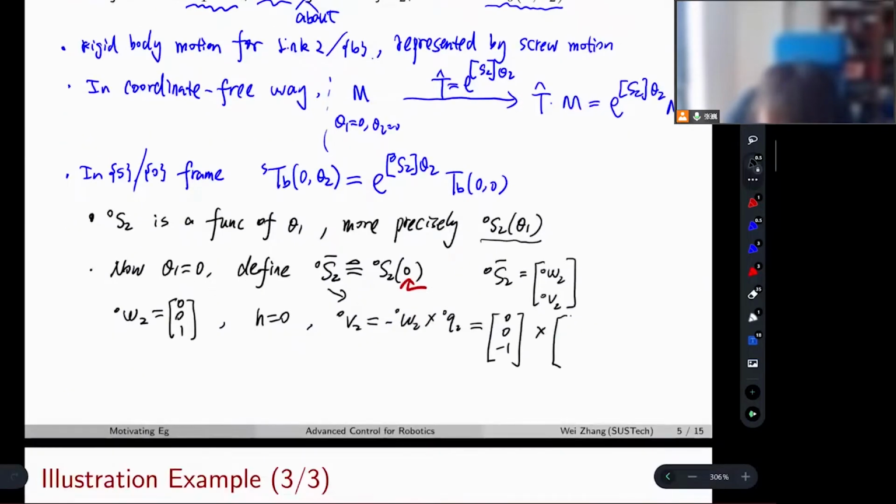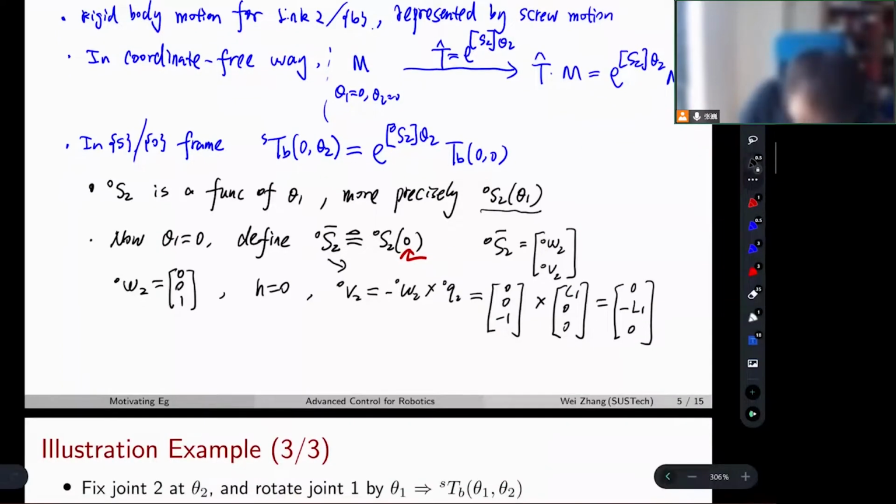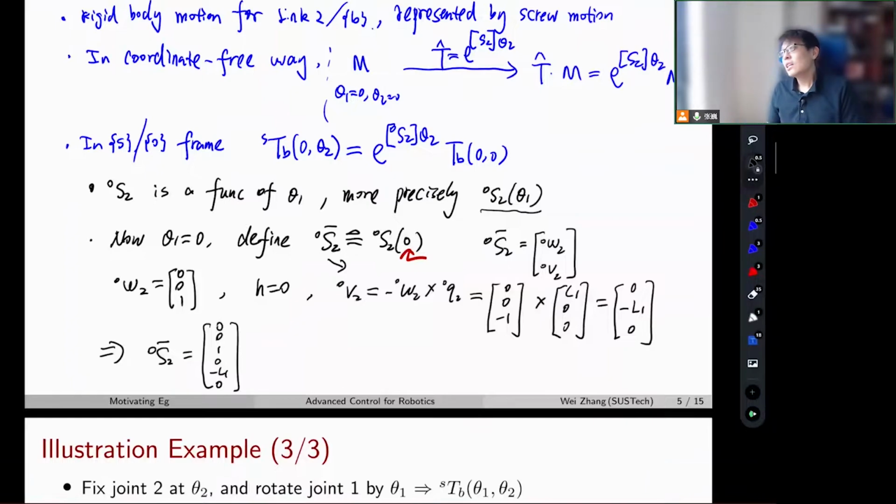Z cross X gives Y, so that will be 0, negative L1, 0. Overall, S2 bar in 0 equals 0, 0, 1, 0, negative L1, 0. That's my screw axis in the inertial frame when θ1 is 0.